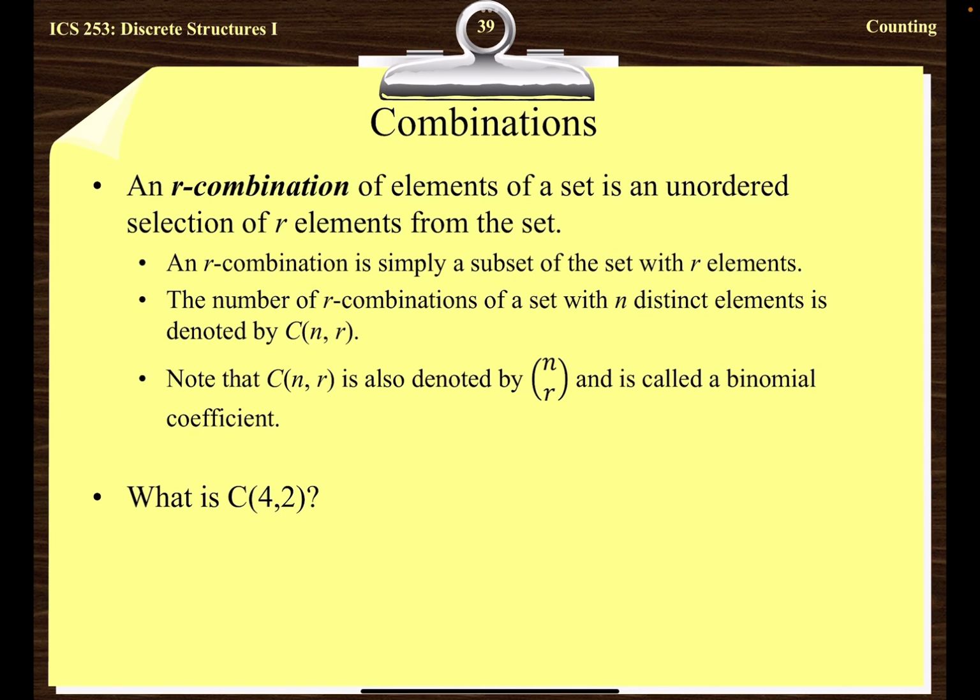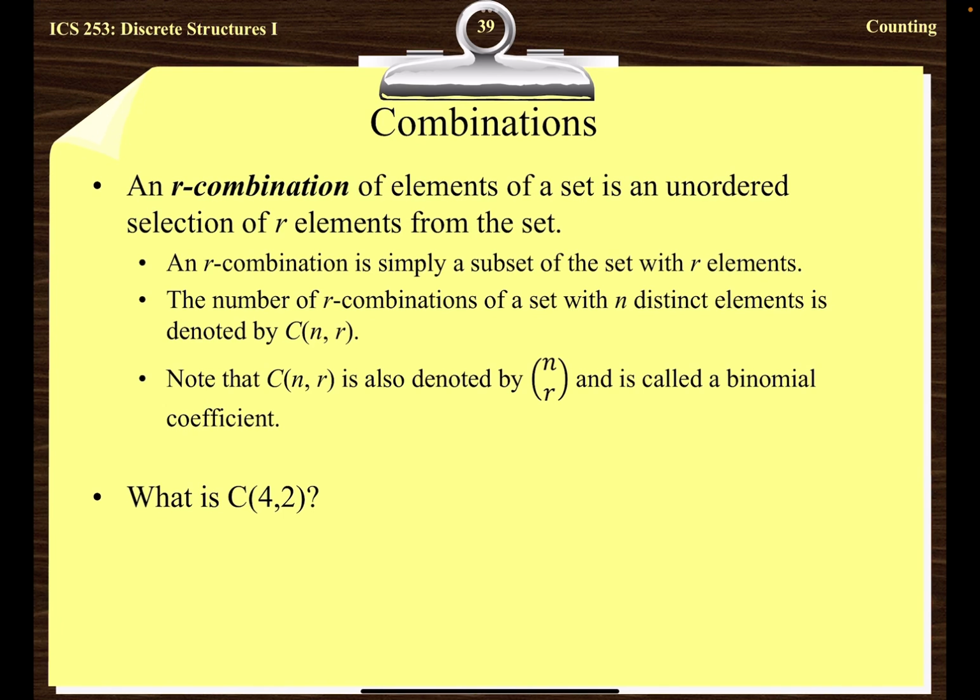So now what we will do is we will look at how we count different ways of choosing elements from a certain set, however, without putting emphasis on the order, or regardless of the order.